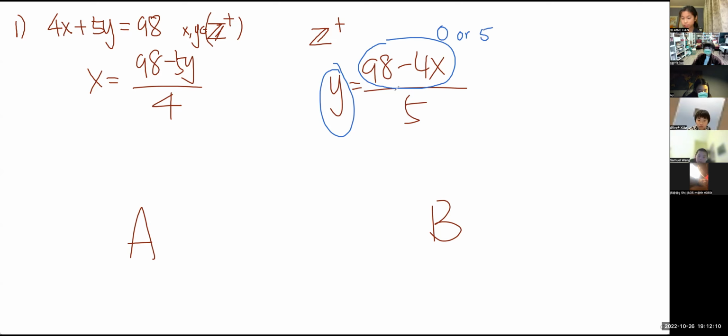Is it possible that this number ends with 5? In order for 98 minus a number to end with 5, this number must end with 3. But 4 times any number cannot end with 3.